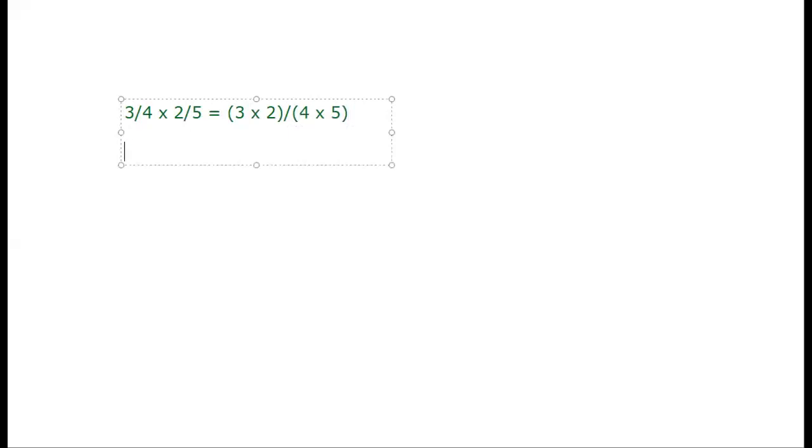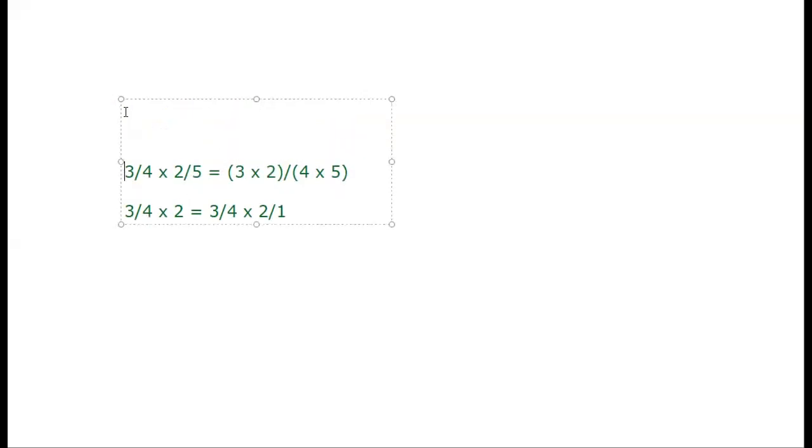However, if you have something like 3 by 4 times 2, then sometimes they get a bit confused whether to multiply this 2 with the numerator or with the denominator. Yes, you can think of it as 2 by 1 and proceed that way. You can do that, but that is why I think it's a better idea to start with this one.